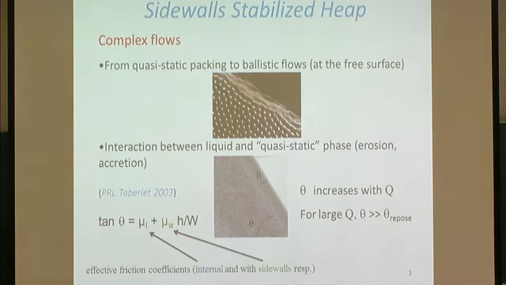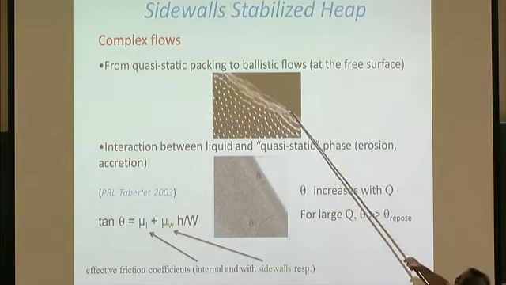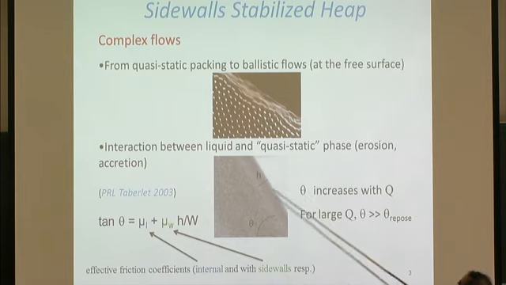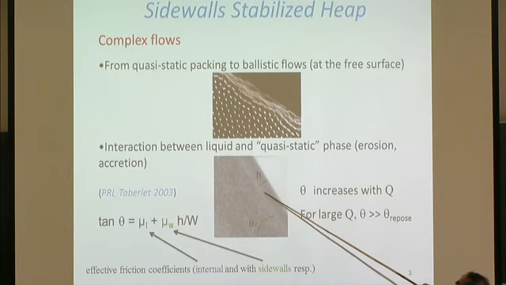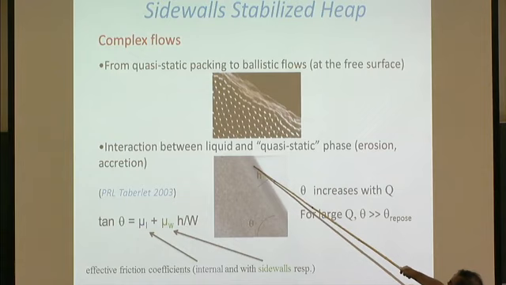In these flows, you have different parts. At the surface of the flow, you have a ballistic zone where the grains are mainly jumping. And here is a photograph which has been taken with a rather long time of exposure, so that the part which is flowing is in gray.